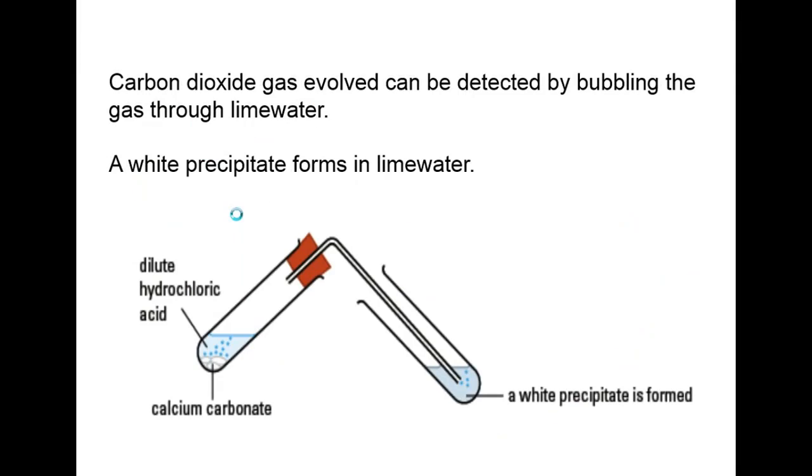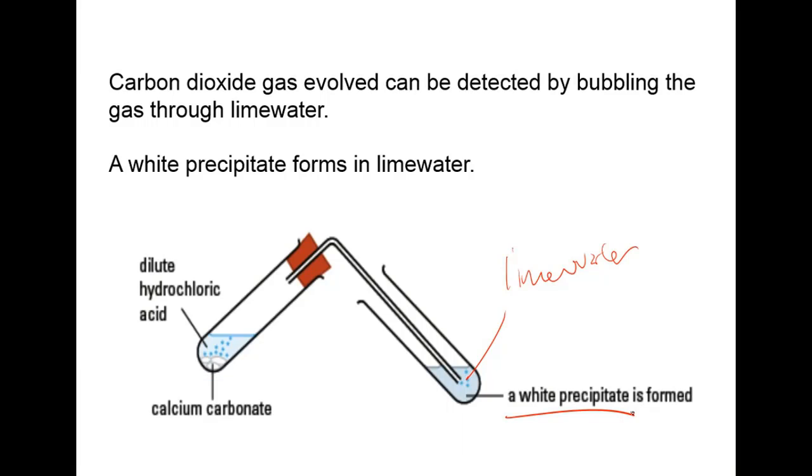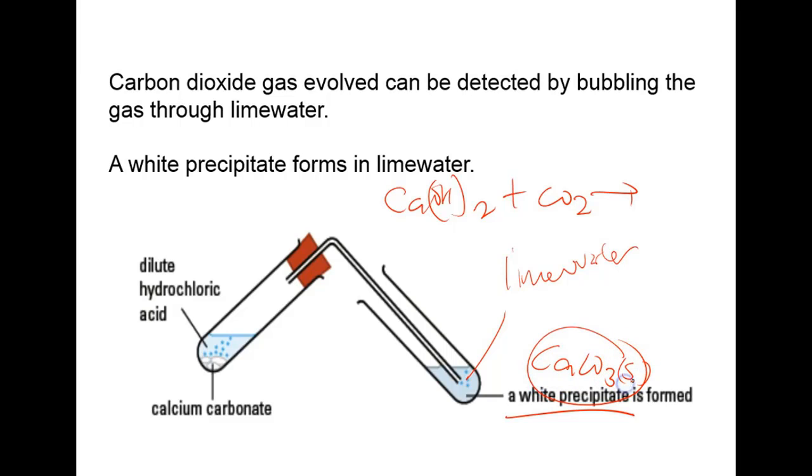And to test for carbon dioxide, we can bubble it into lime water and it gives us a white precipitate. Do you know what this white precipitate is? Make a guess. Lime water is Ca(OH)2, calcium hydroxide. So when we bubble in carbon dioxide, the precipitate we get is actually calcium carbonate. So this is the white precipitate that is formed.